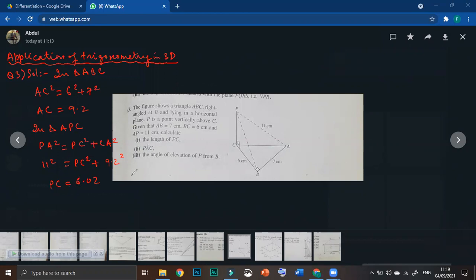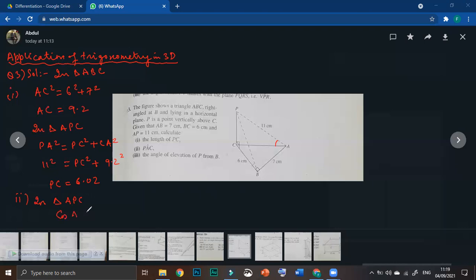Now, this one was the first part. The next part is to find the angle PAC. We want to find out this angle. So again, we will use the triangle. In triangle APC, we can use cos theta.